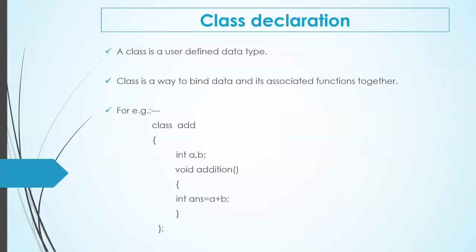Int a, b, these are two data members of the class. Void addition, this is a function of the class which is going to perform addition on variables a and b. Later we are going to see in detail what is class, how to create class, syntax of class and so on.